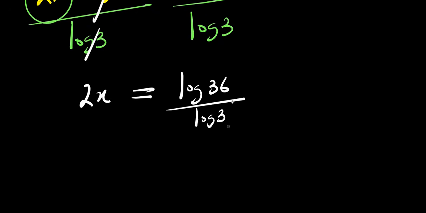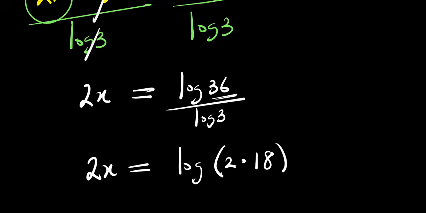So I can easily express this 36 here as a product of 2 times 18. 2x equals log of 2 times 18 divided by log 3.